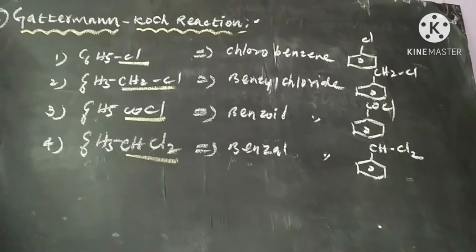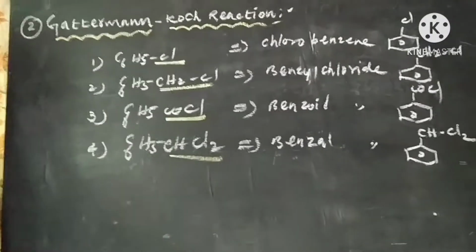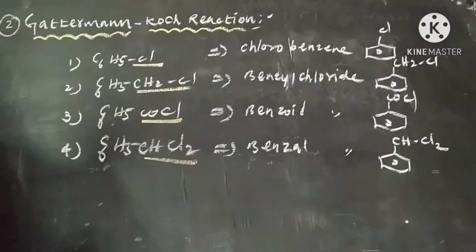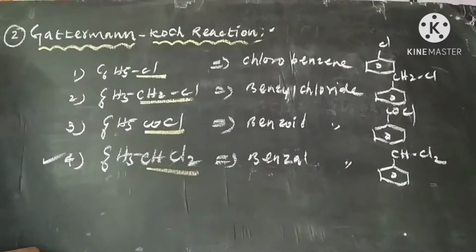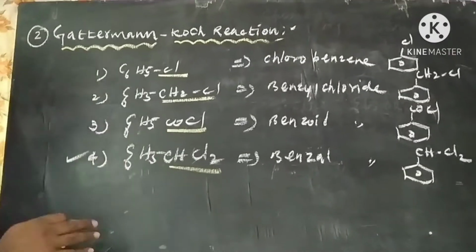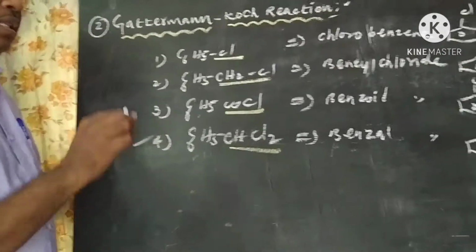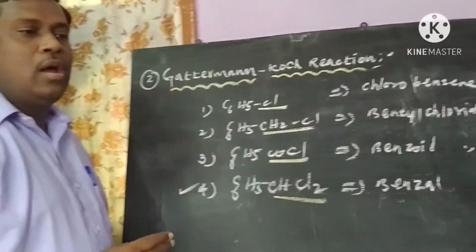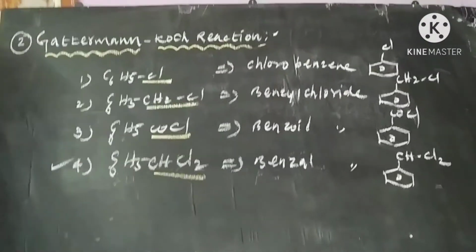But here, side chain chlorination of toluene gives benzal chloride, C6H5CHCl2. This benzal chloride undergoes hydrolysis to give benzaldehyde.